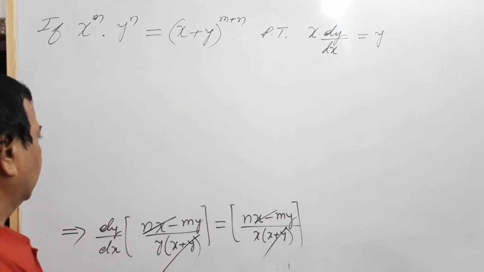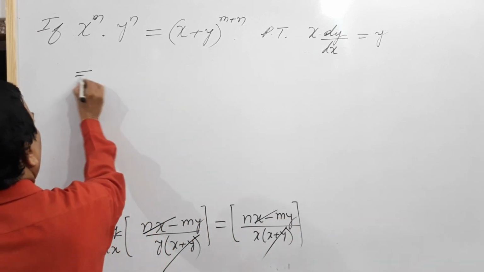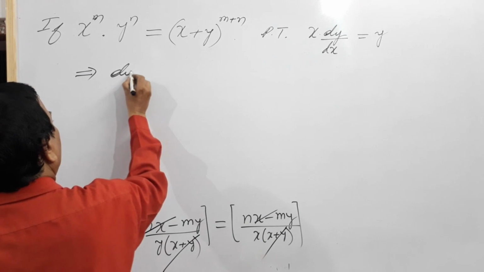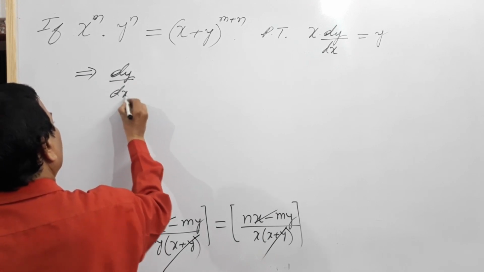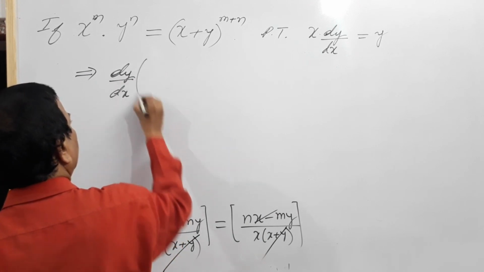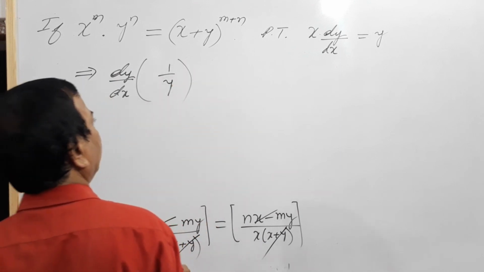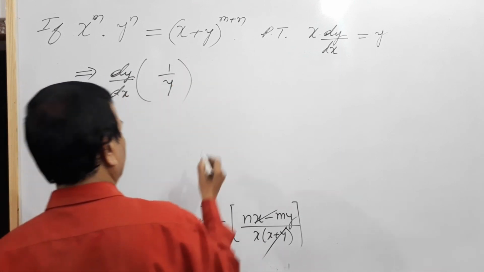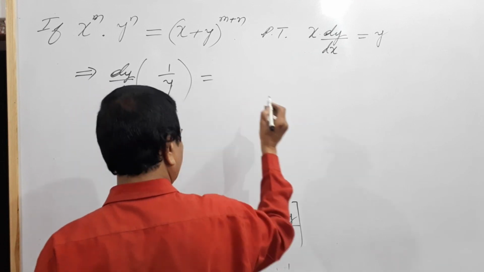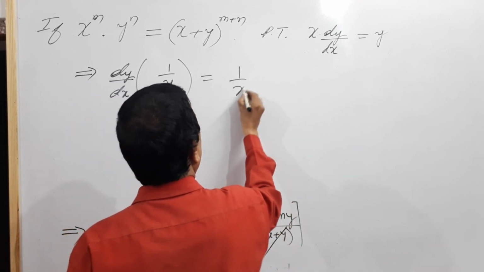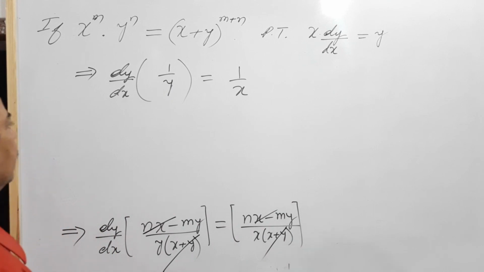We are left with what? dy by dx equals to 1 by y, 1 by y equals 1 by x, right?